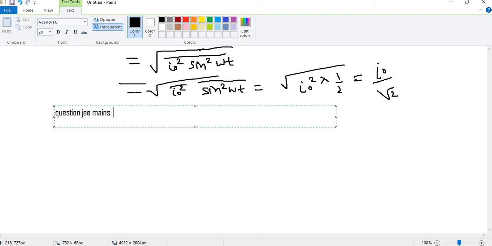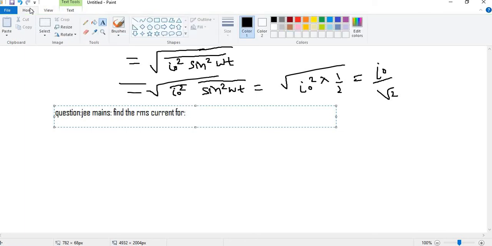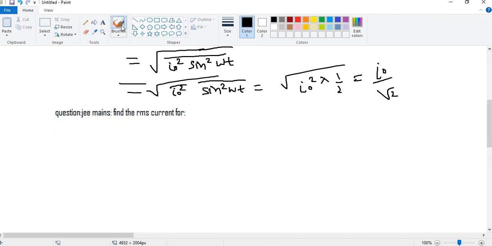The question is the same: find the RMS current for I is equal to I naught plus I naught sin omega t.